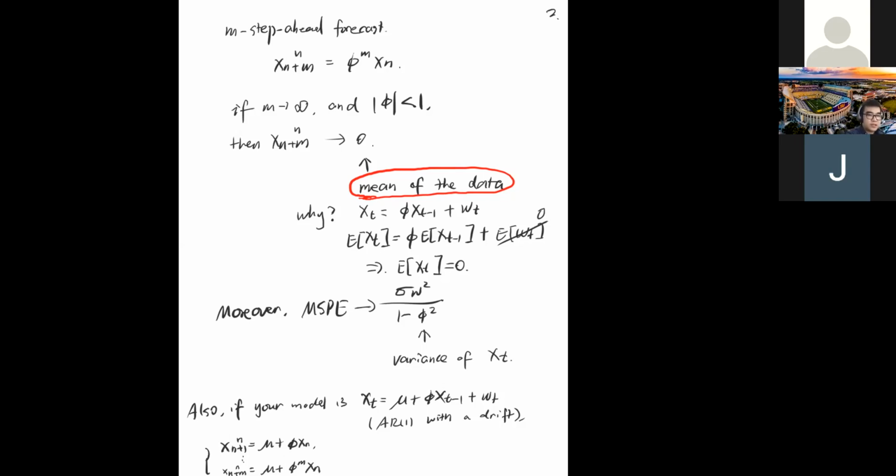If your model has a drift, then the forecast would include that drift as well. So x_{n+1} given n is mu plus phi times x_n, and the m-step-ahead forecast is mu plus phi to the power m times x_n. Okay, so that's the AR(1) model forecast.